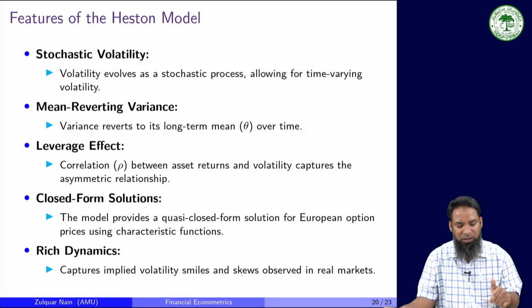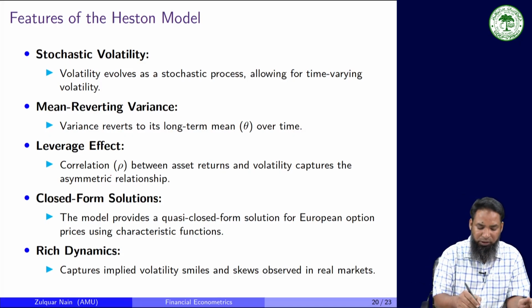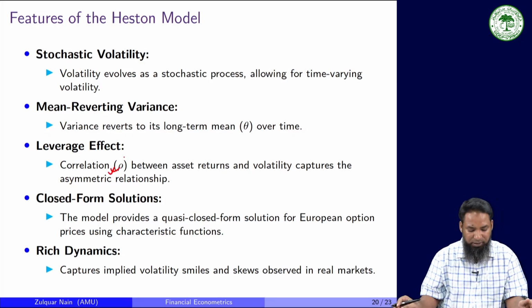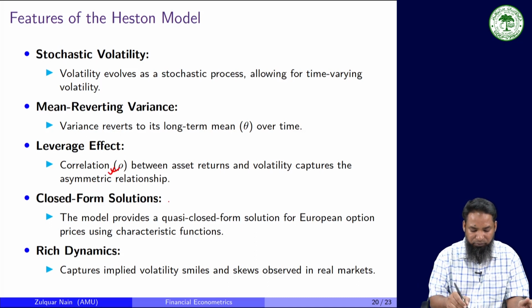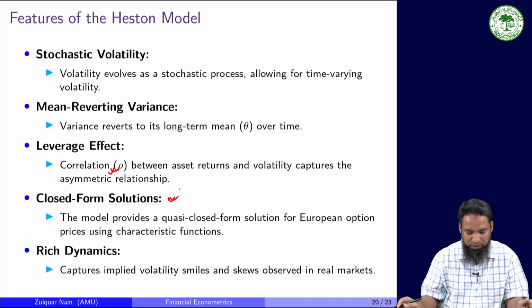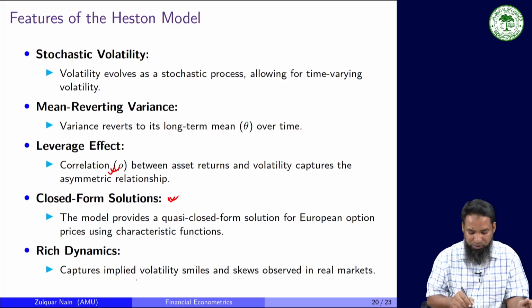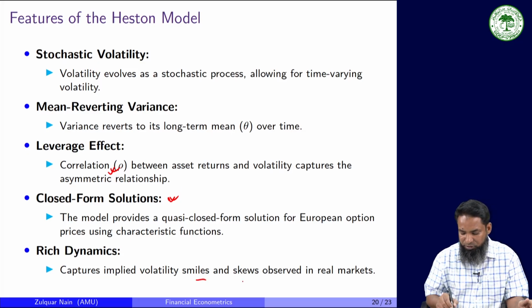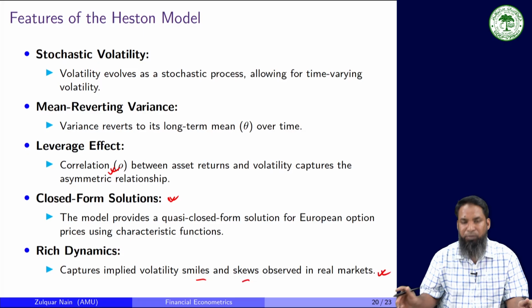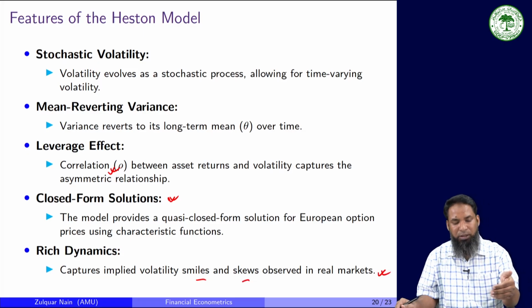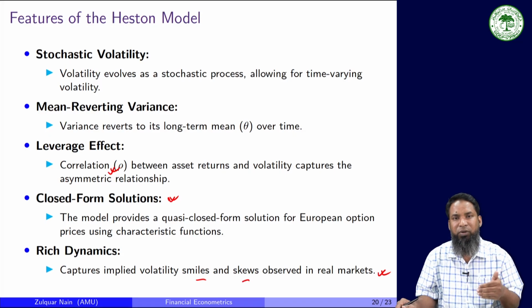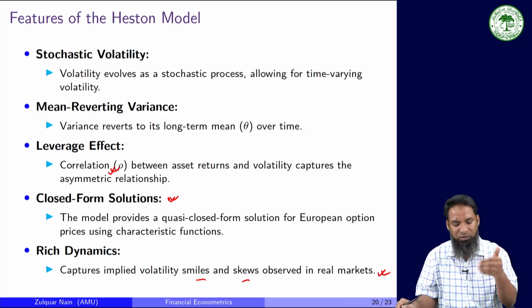It also captures the leverage effect by incorporating the correlation term. Third, it gives closed form solutions, and rich dynamics capture the implied volatility smiles and skewness observed in real markets.